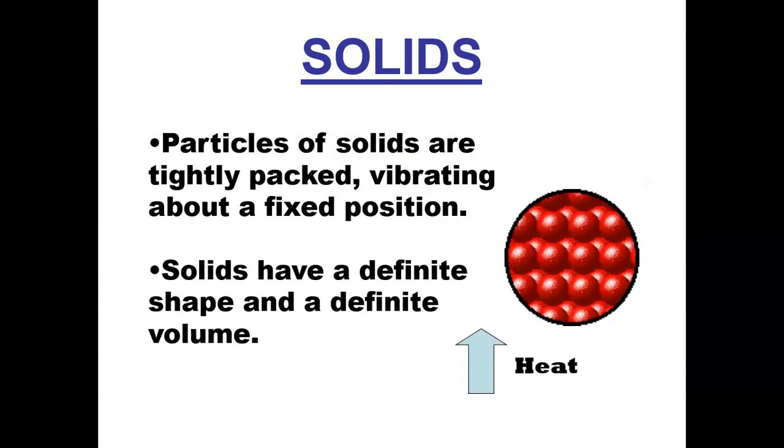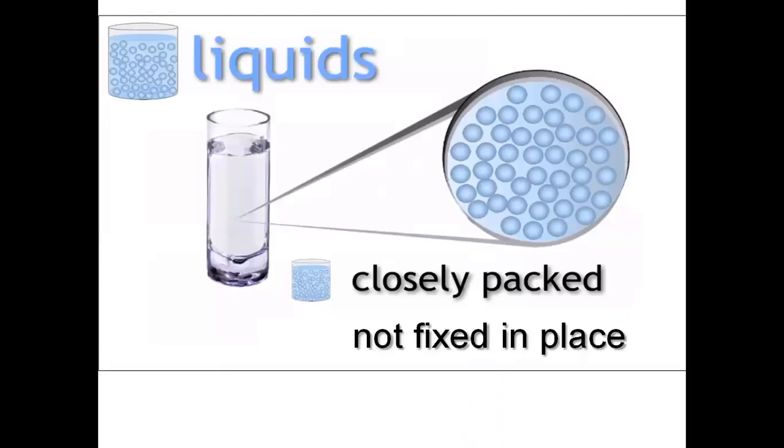Okay? When we heat solids, like if we have a cube of ice and we heat it, it will be water, which is a liquid. So look at the water in the cup, and look at the particles when we put some water under a microscope and we can notice the particles. As you can see here, they are different from solids.